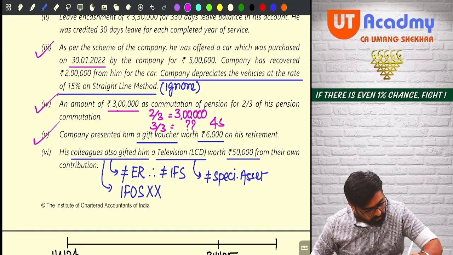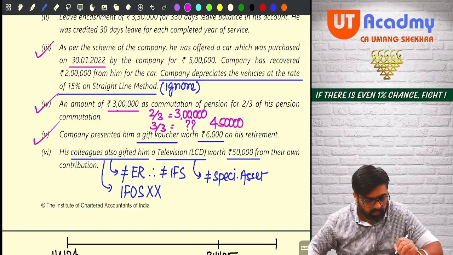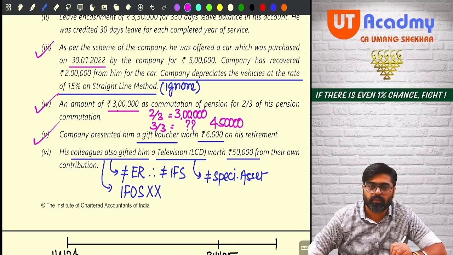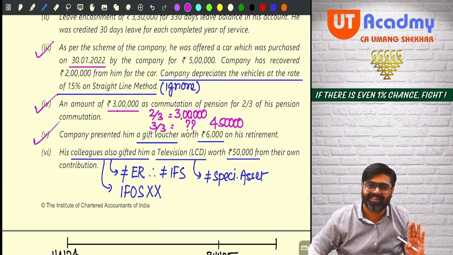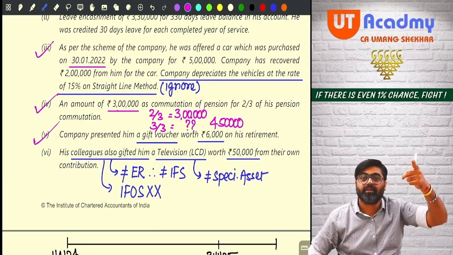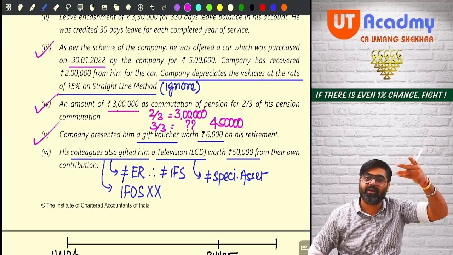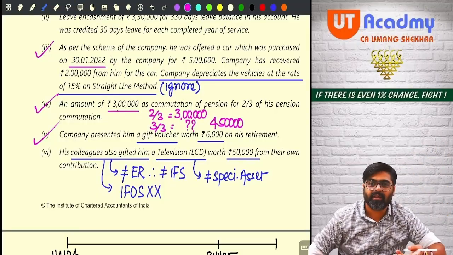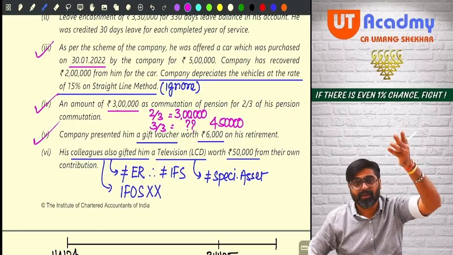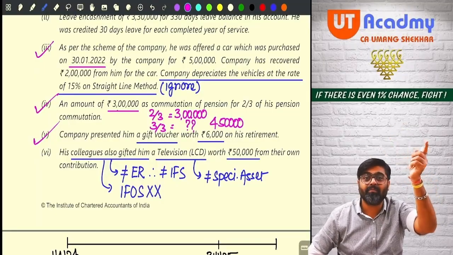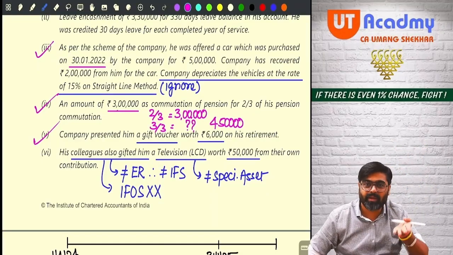Can I say 4,50,000? 2/3 will be divided. 3 lakh into 3/3 divided by 2/3. 3 will come upside. So 3 lakh into 3 will become 9 lakh divided by 2 will be 4,50,000.